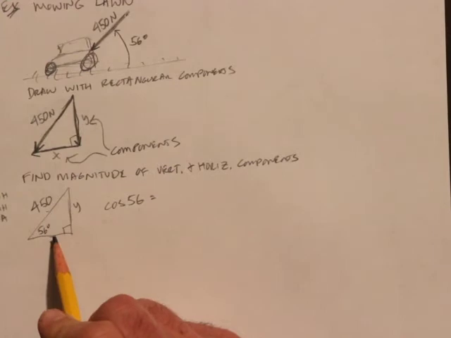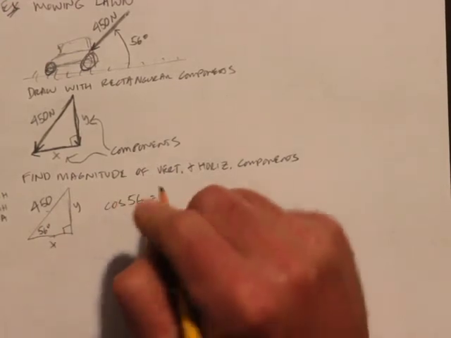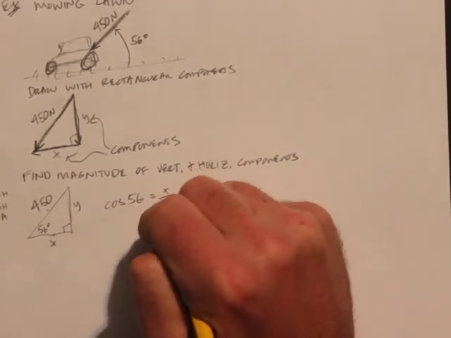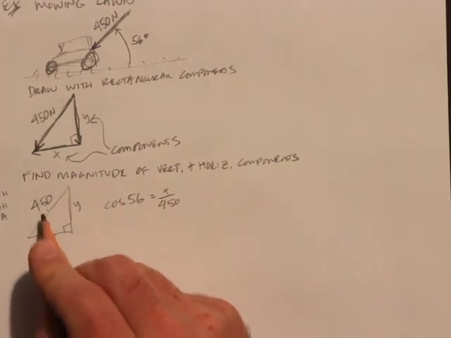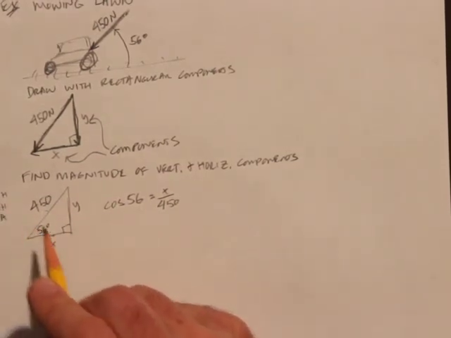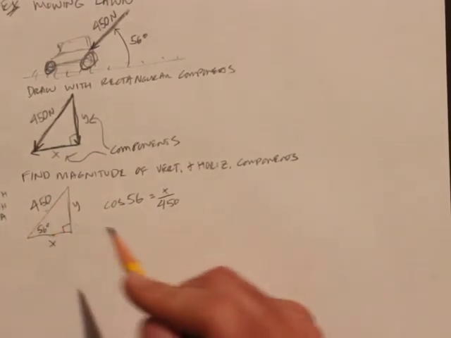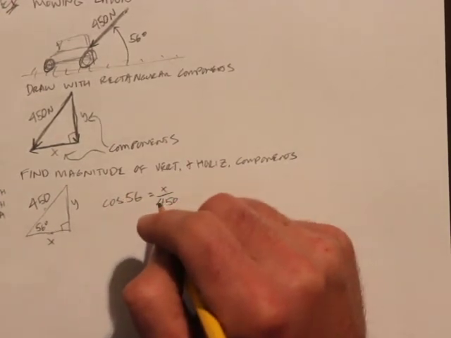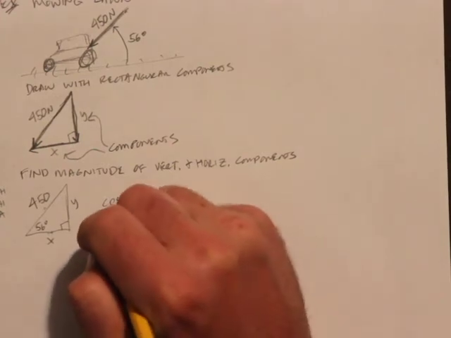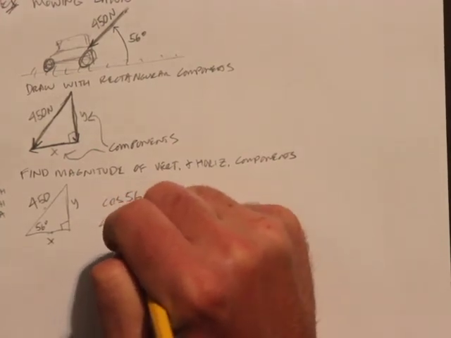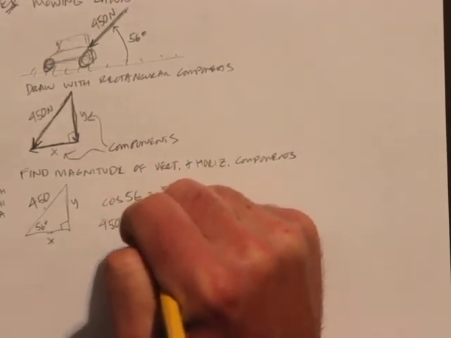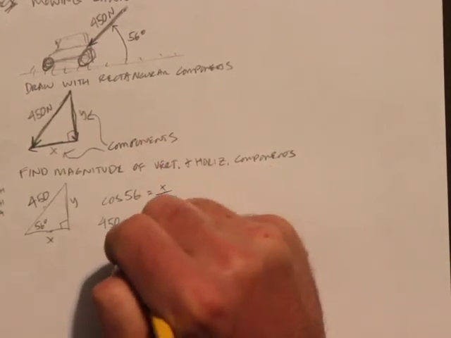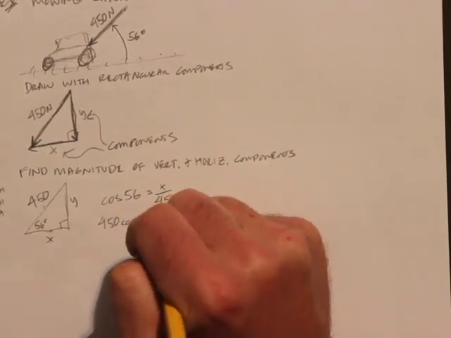I'm trying to find this X value, so X over 450, adjacent over hypotenuse. Now I'm going to multiply both sides by 450. 450 cosine 56 equals X, and so X is approximately 252.